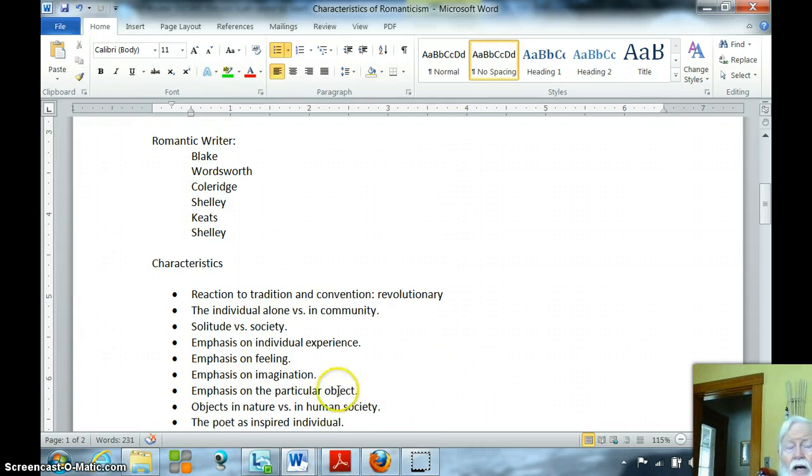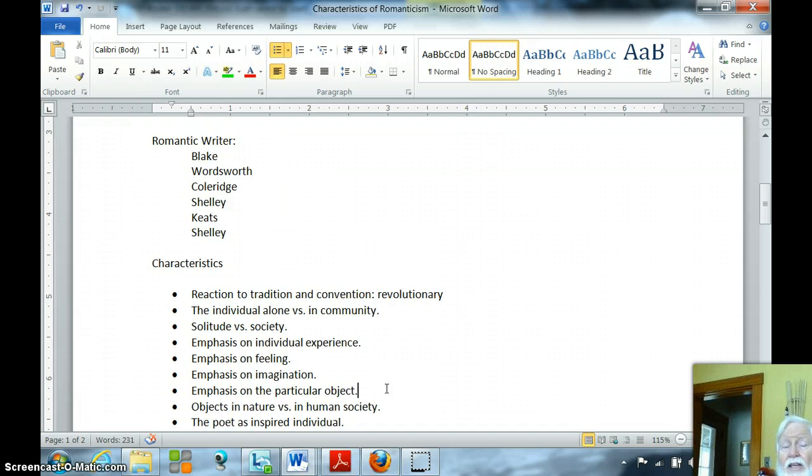So, let me explain that in a minute when we get to this emphasis on the particular object. Emphasis on the particular object as opposed to the generalized category of objects. So if you look, for example, at Coleridge's Frost at Midnight, well, one of the central objects there is that piece of soot that he sees on the fireplace.